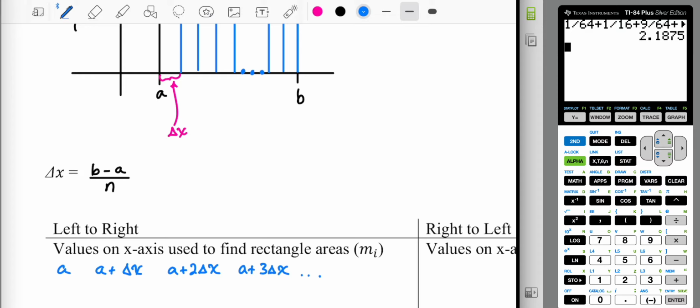Now, to generalize this a little more efficiently, we've got to think about what we're doing here. That a plus delta x is really one of those delta x's. That standalone a is really a plus 0 delta x's.